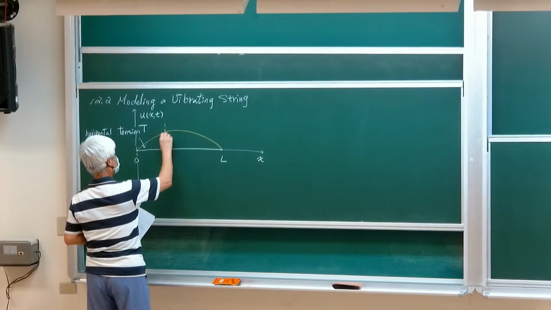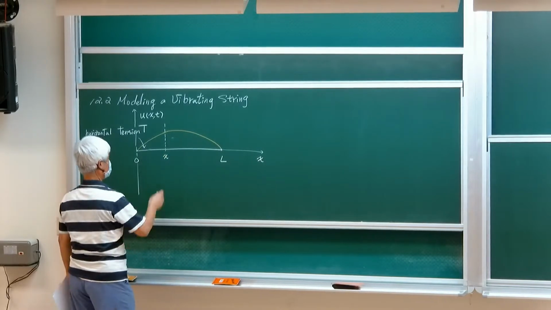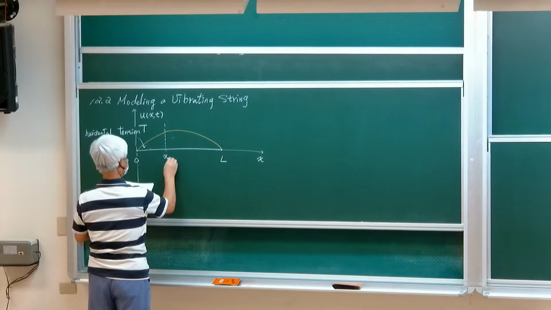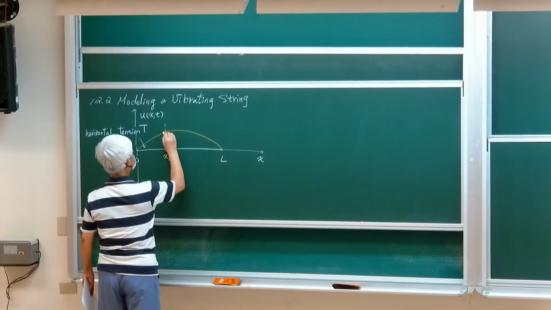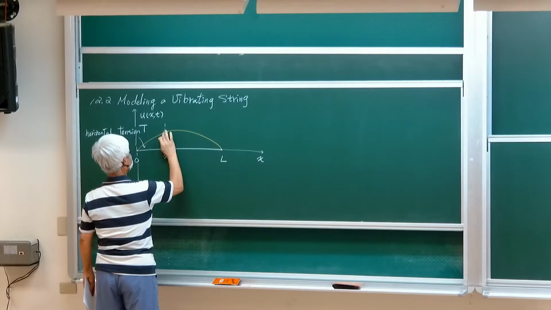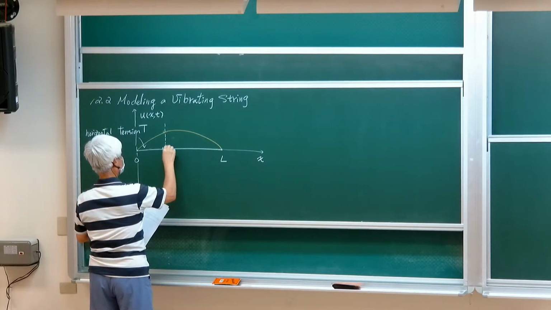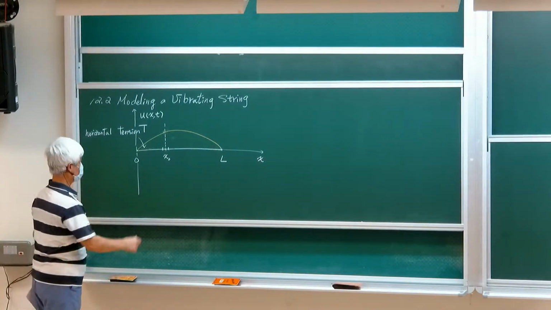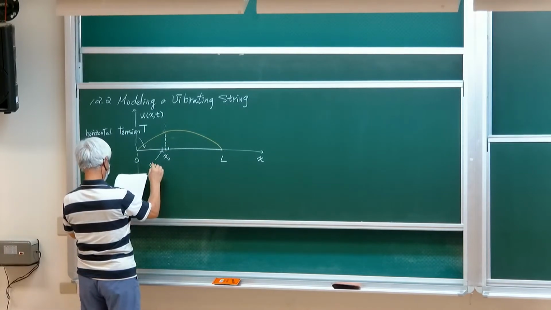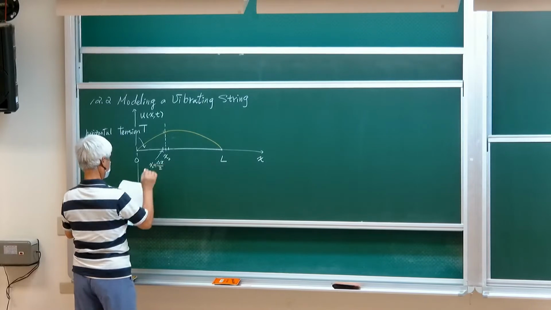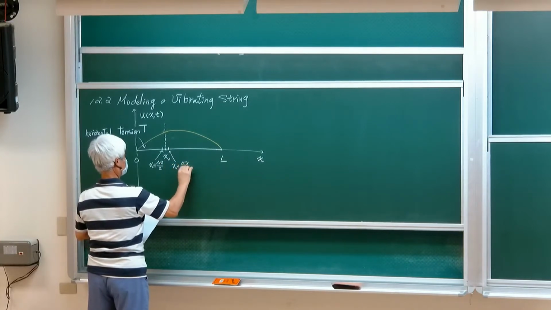Now we consider a point x0, and we take a small portion of the string, from x0 minus delta x divided by 2 to x0 plus delta x divided by 2.